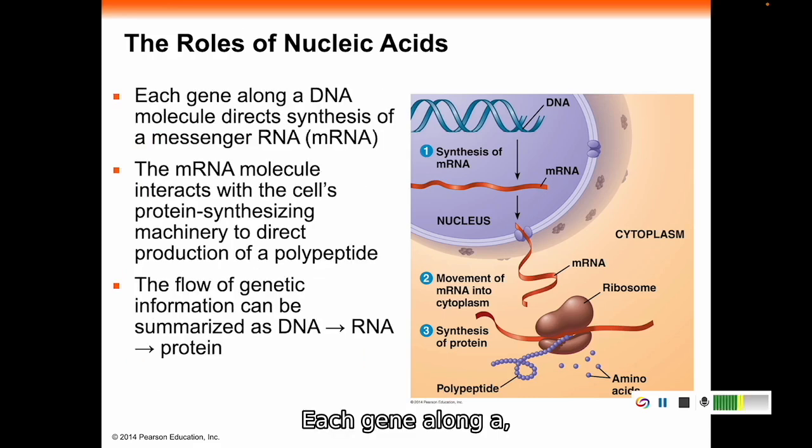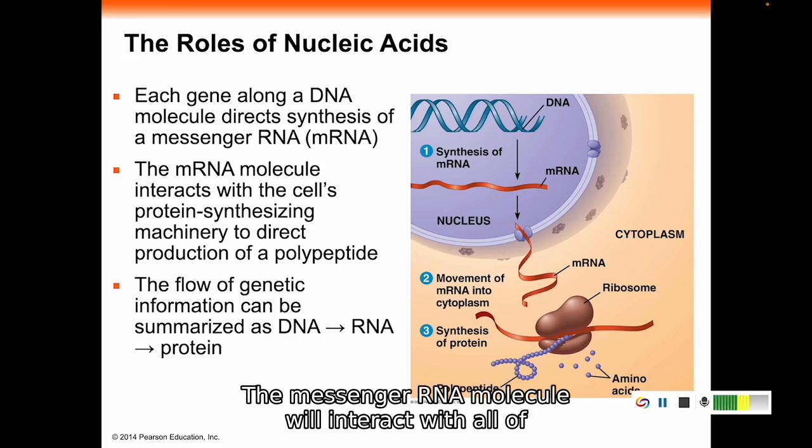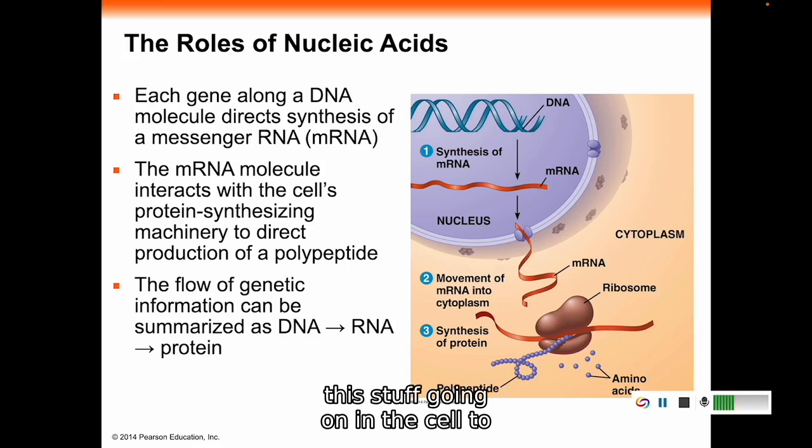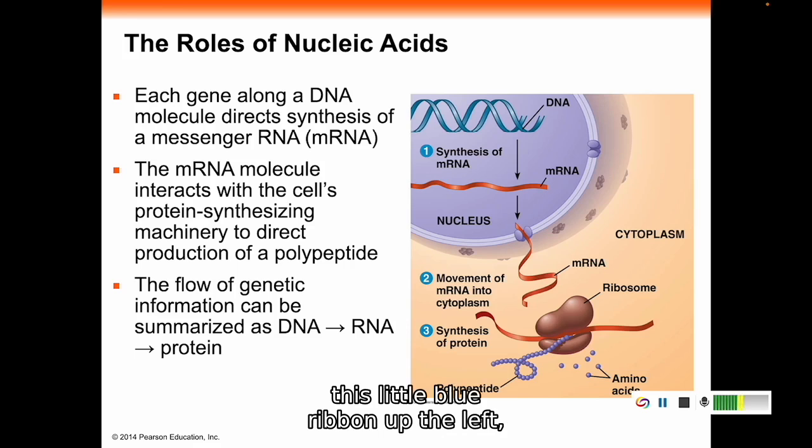Each gene along a piece of DNA will direct the synthesis of one specific messenger RNA. And the messenger RNA molecule will interact with all of the stuff going on in the cell to direct the production of a polypeptide. So here in the picture, my pointer's not working. You can see the DNA, this little blue ribbon up at the top left of the picture, is going to direct the synthesis of RNA.